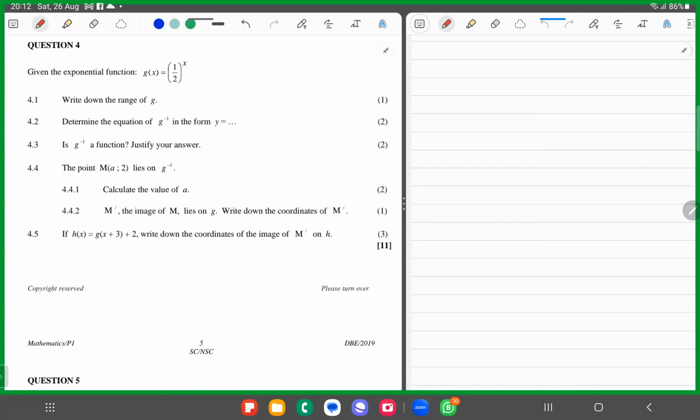Right, we begin by focusing on question 4. Given the exponential function g of x, which equals a half to the power x, write down the range of the function g. What is the range of the function g?